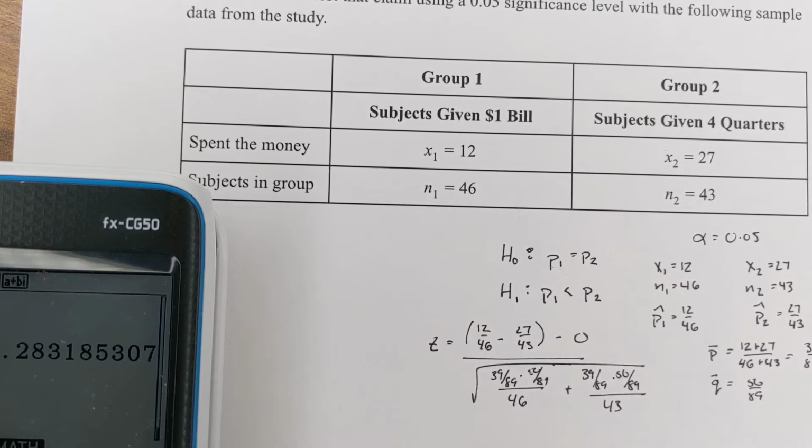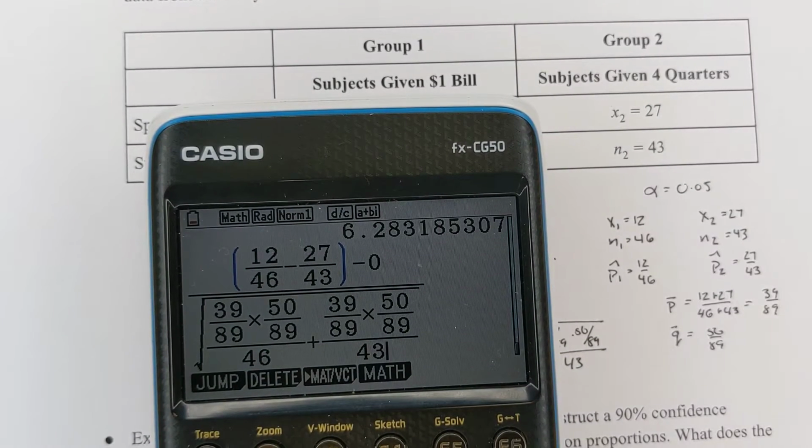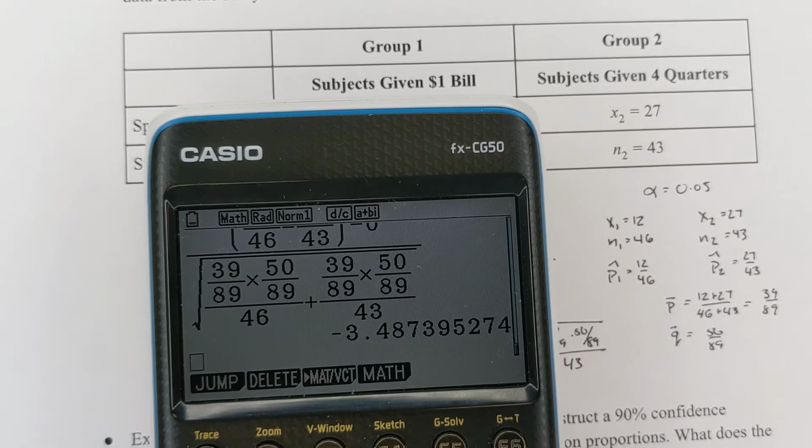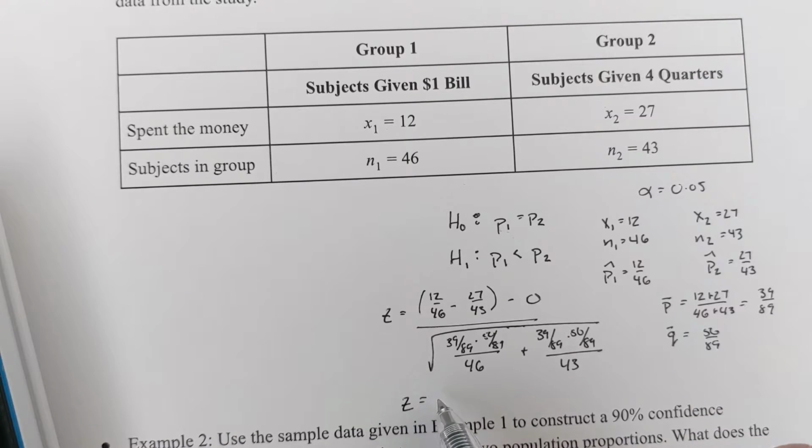On the bottom, we got the square root of a fraction of 39/89 times 50/89, all divided by 46, plus another fraction, 39/89 times 50/89, all over 43. So there you go. It's all typed in my calculator. So that gives me a z-score of negative 3.49. So that's my value.